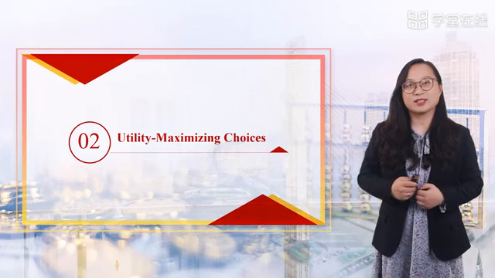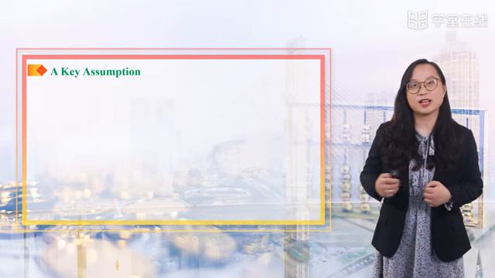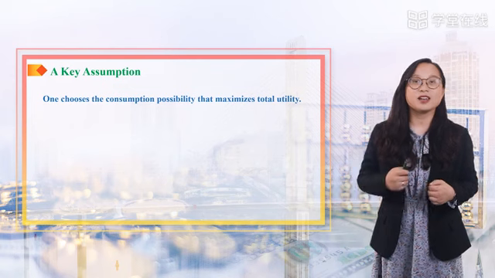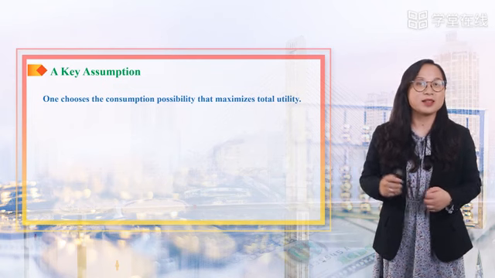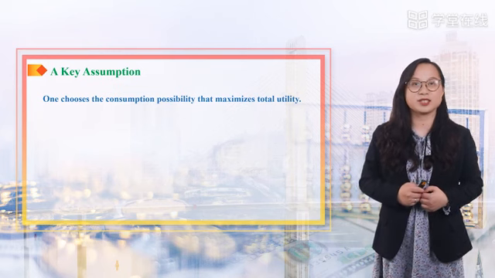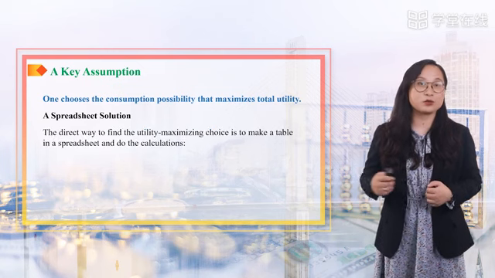Okay, our next step is to find out what is chosen. This is our second session. A key assumption is that the consumer chooses the consumption possibility that maximizes total utility. Now, let's study a spreadsheet solution.